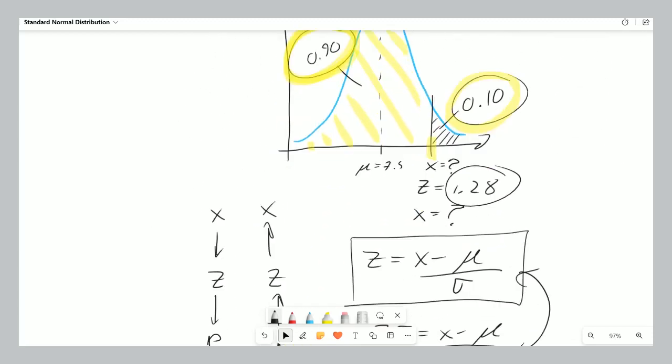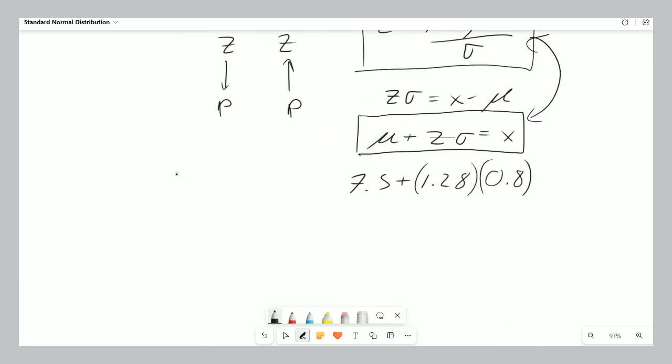And then we just do that calculation. So 7.5 plus 1.28 times 0.8 is 1.024, 7.5 plus 1.024 is 8.52, or we can just say 8.5 because it's easier to think of that when we're talking about hours of sleep.